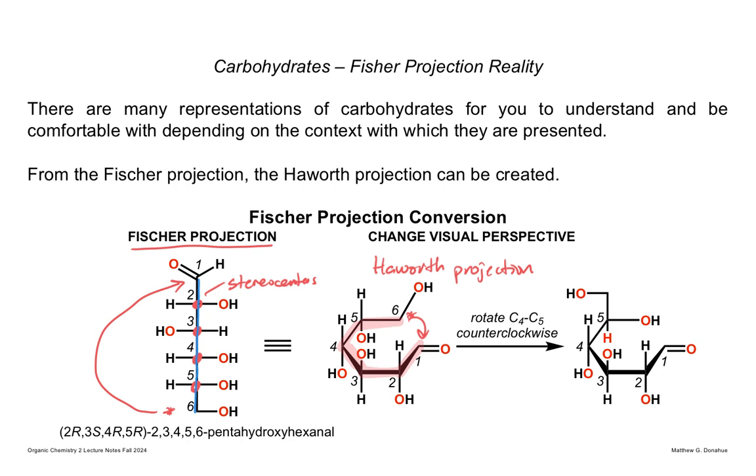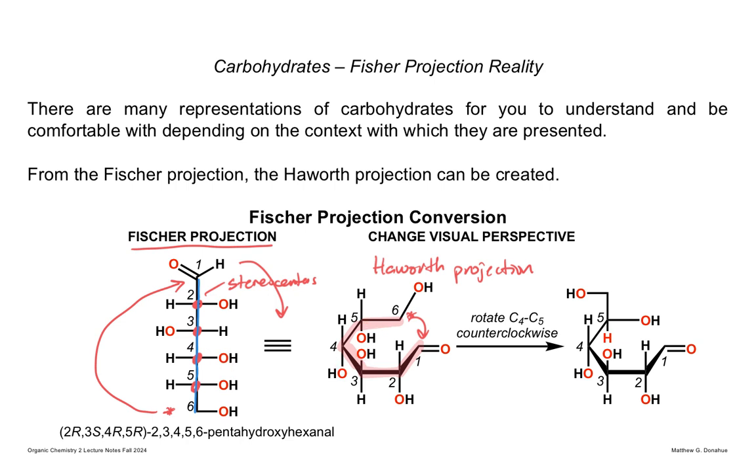The convention is if you take that chain and rotate it clockwise, what that's going to help you do is see that C2 alcohol, how it's to the right. Now here it's down. C3 is to the left, it's up. 4 and 5 are to the right, so they're down.